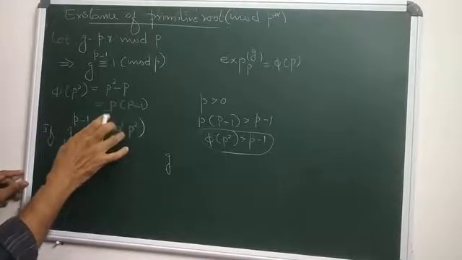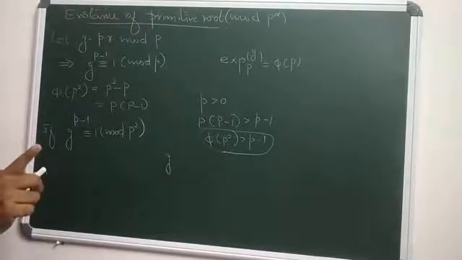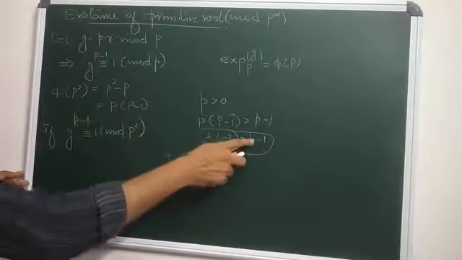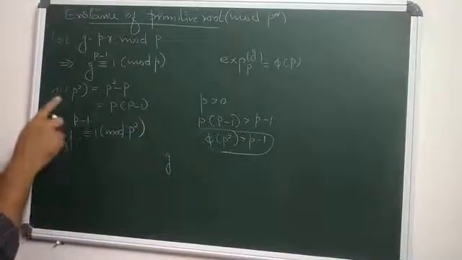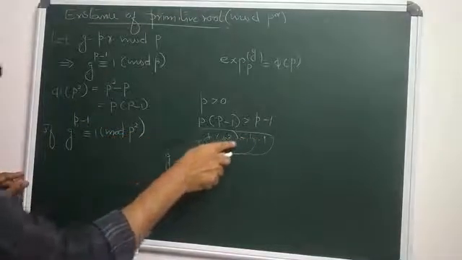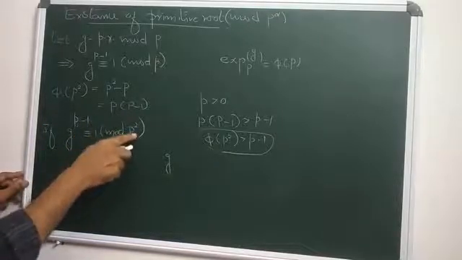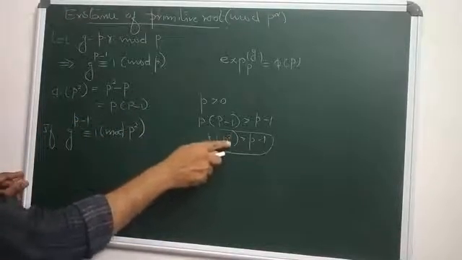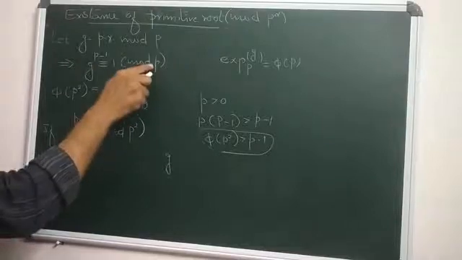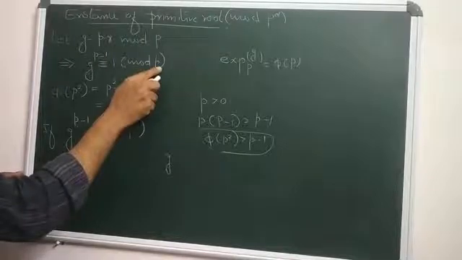G is a primitive root mod p square means p minus 1 should be the least positive integer which satisfies this relation. But here phi of p square is greater than p minus 1, so if g to the power p minus 1 is congruent to 1 mod p square, phi of p square need not equal p minus 1. When g is a primitive root mod p square, the exponent should equal phi of p square. When g is a primitive root mod p, phi of p equals p minus 1, so the exponent equals the modulus's phi.